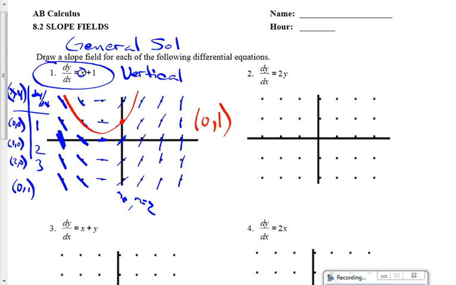Tell me why in the world, some of you said parabola. Tell me why in the world a parabola would make sense here. Okay, on the graph it makes sense. It looks like it should make a parabola, right? Let's talk about the equation.